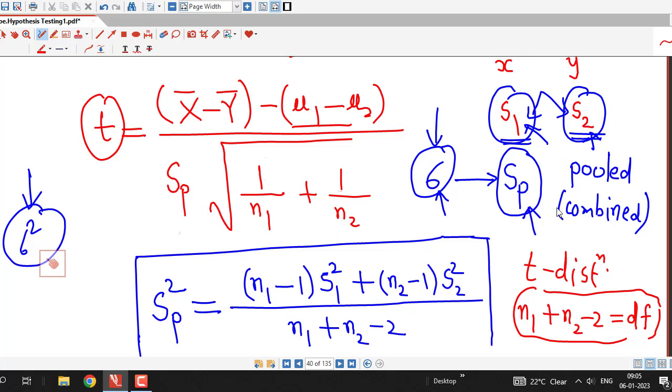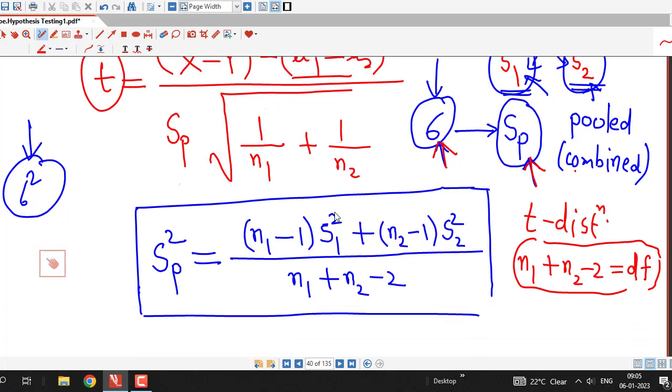What is SP? SP is the pooled or combined estimator of population standard deviation sigma, which is equal for both the populations, and this pooled variance SP square is given by this formula: n1 minus 1 times s1 square plus n2 minus 1 times s2 square, divided by n1 plus n2 minus 2.